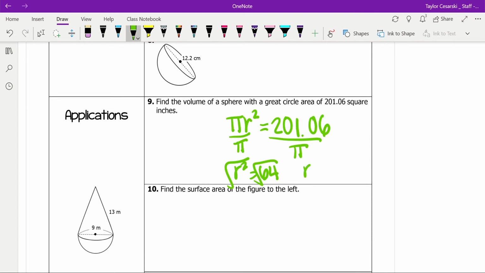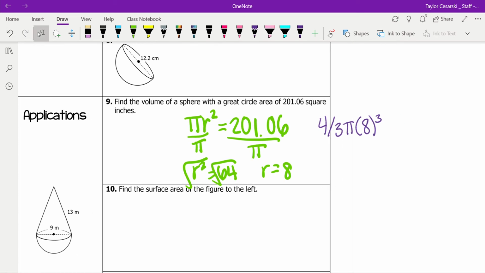Take the square root, and r equals 8. Now I have the radius of my sphere, so I can plug that into the volume formula. 4/3 pi 8 cubed. I plug that into my calculator and I get 2,144.66 inches cubed.